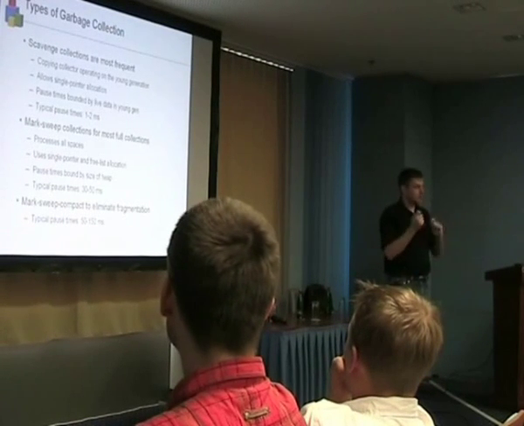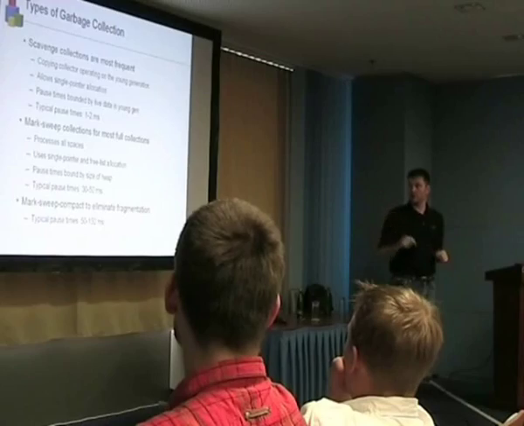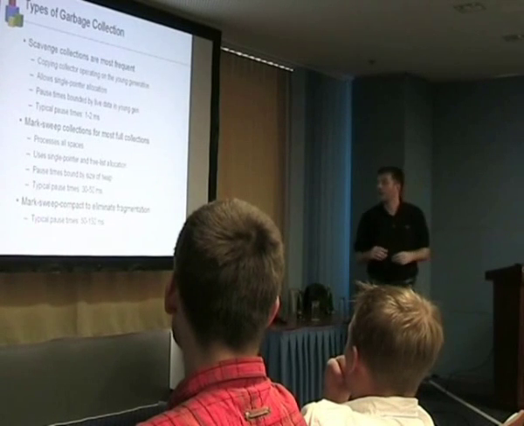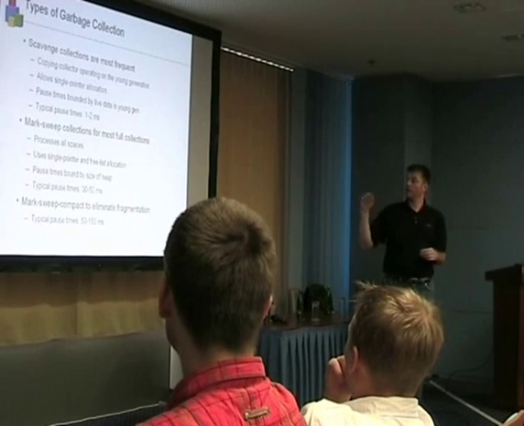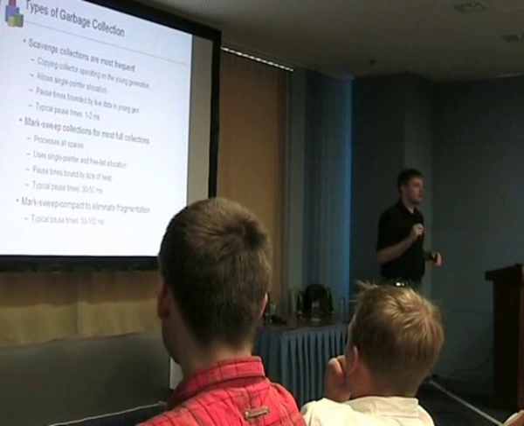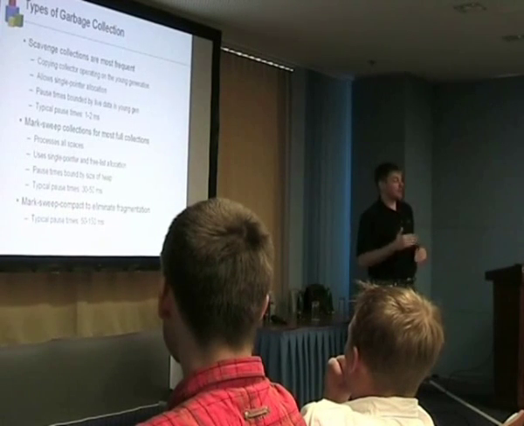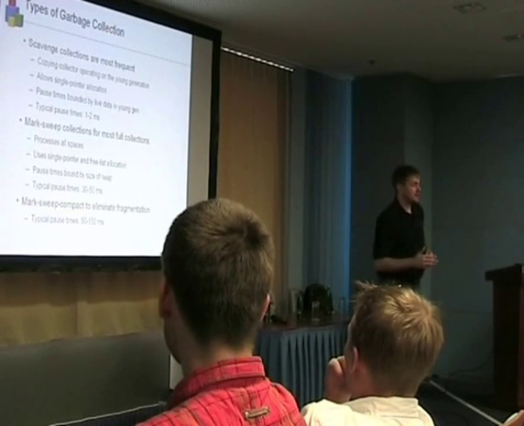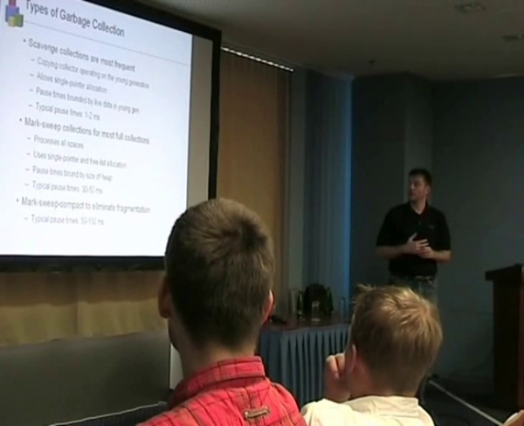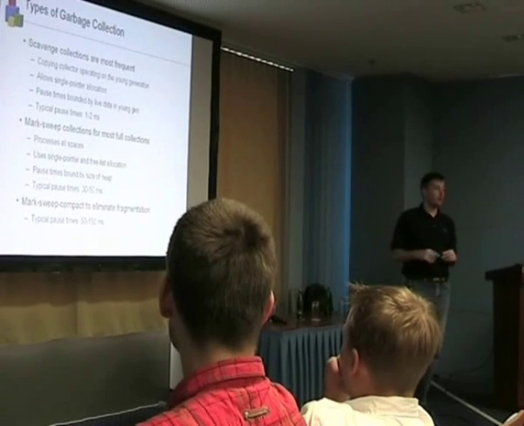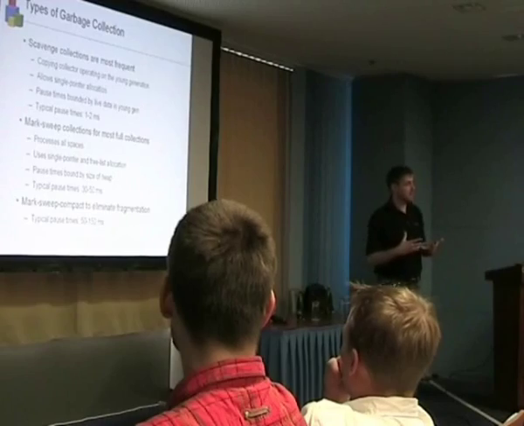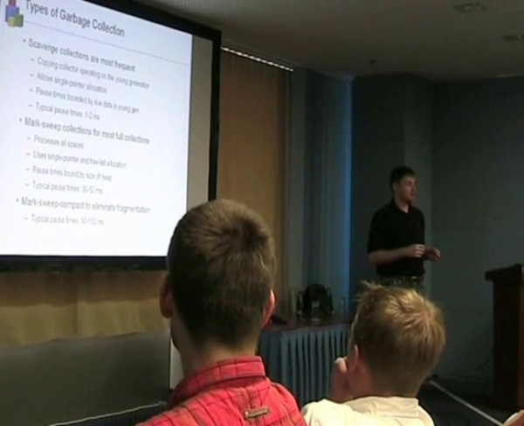It's one or the other depending on whether you can do the single pointer allocation or not. The pause times for a mark sweep collection are bound by the size of the heap. That's a different story than for the copying collector, and it gives us typical pause times for big web applications of 30 to 50 milliseconds.